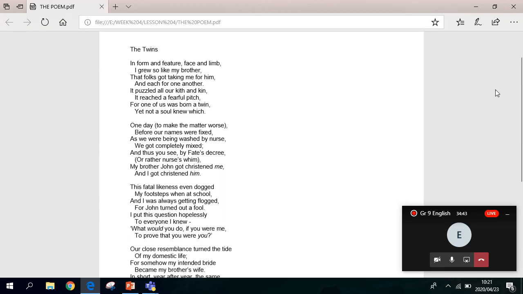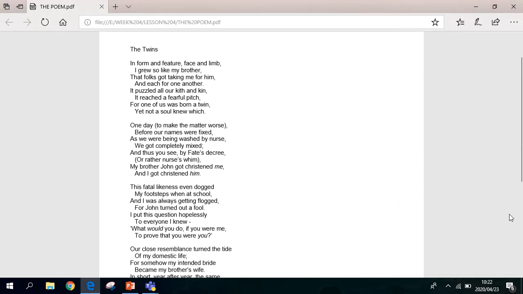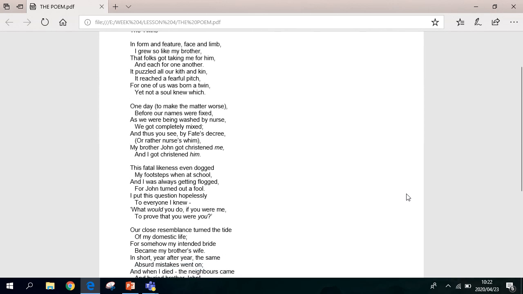Form and feature, face and limb, I grew so like my brother that folks got taking me for him and each for one another. It puzzled all our kith and kin. It reached an awful pitch, for one of us was born a twin. So you switch. One day, to make the matter worse, before our names were fixed, as we were being washed by nurse, we got completely mixed. And thus, you see, by fate's decree, or rather nurse's whim, my brother John got christened me, and I got christened him.